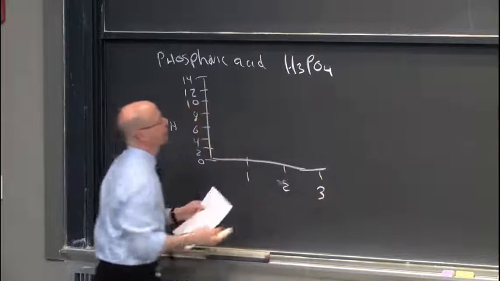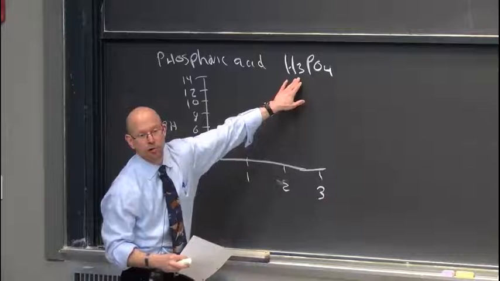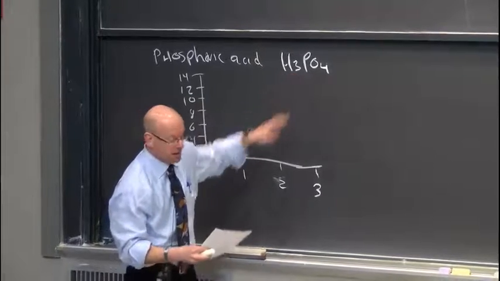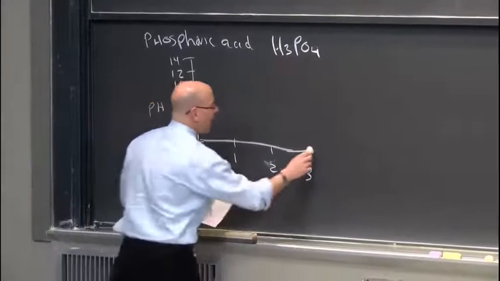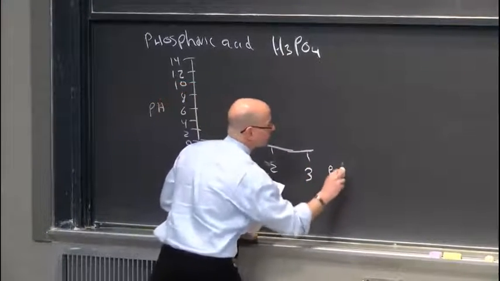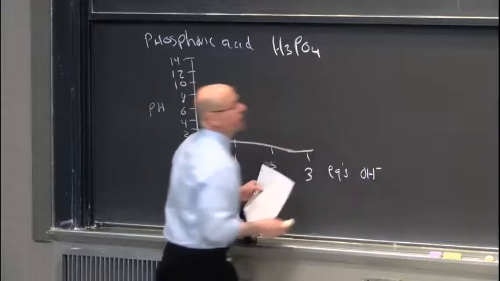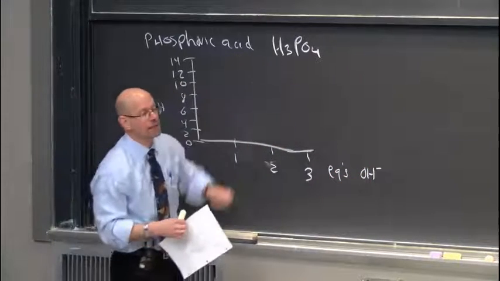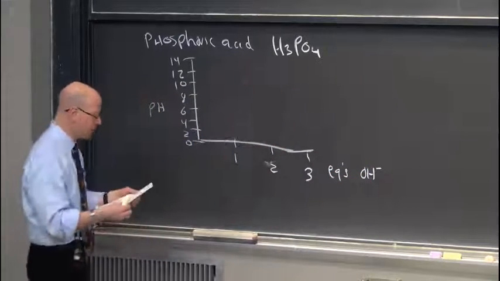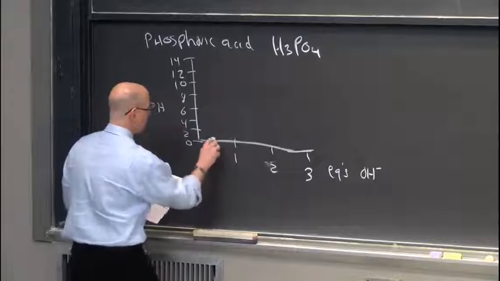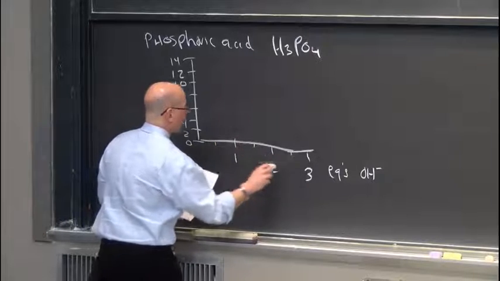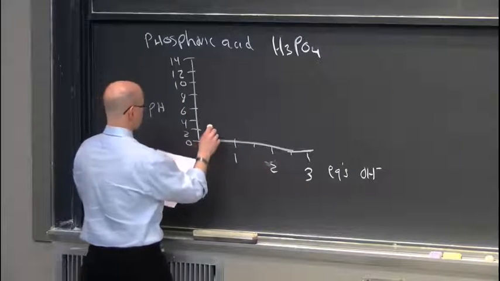You'll notice that phosphoric acid has 3 protons, right? Now that means that I'm going to have to add 3 equivalents of base for every molecule of phosphate to titrate these 3 different protons. And when I do that, what I find is a curve that looks like this.